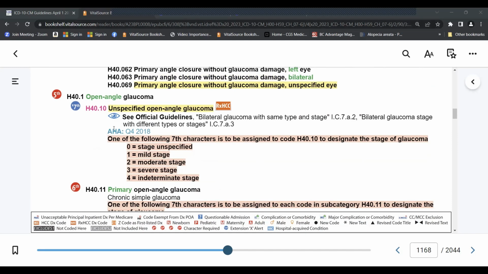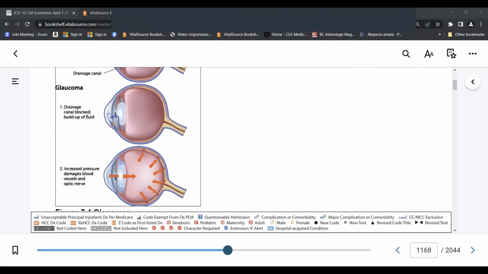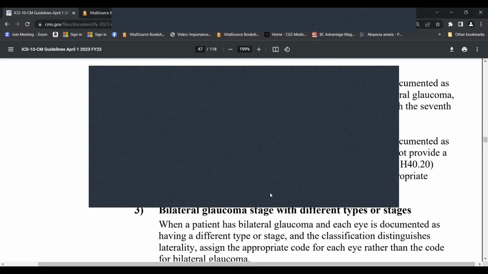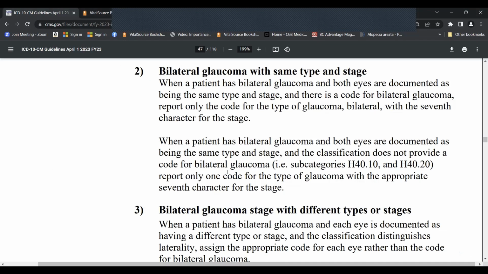Now, the only time that may be different, let's take a look back at those guidelines. It says when the glaucoma is documented and both eyes are the same type and same stage, and the classification does not provide a code for bilateral glaucoma.